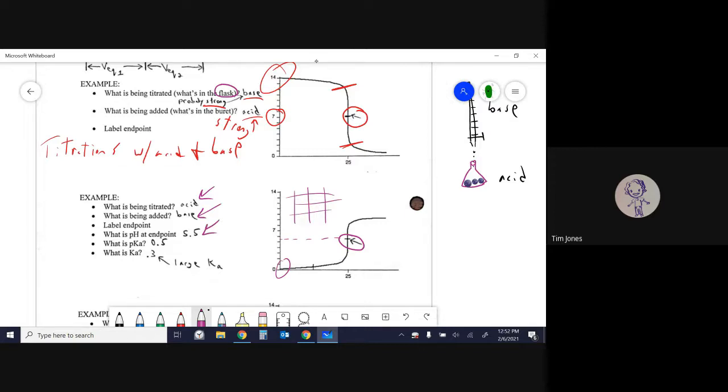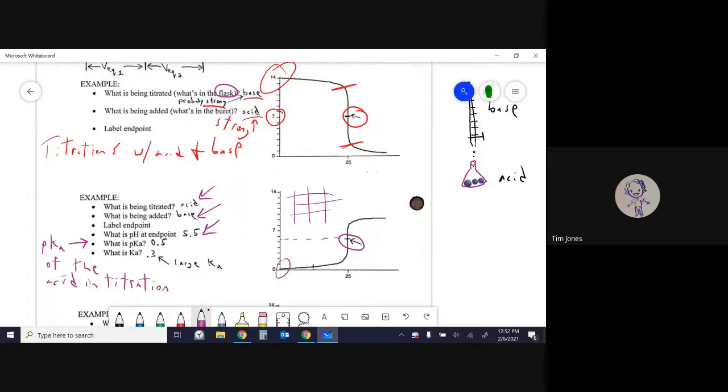And now I want to look at this pKa thing. When I say what's the pKa, I'm asking for the pKa of the acid in the titration.